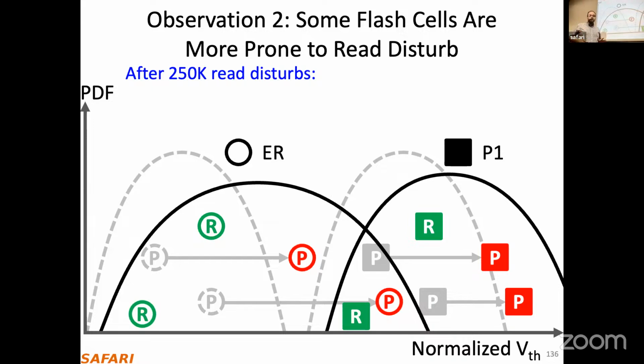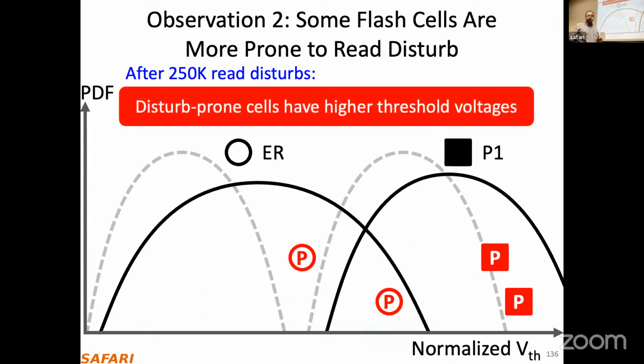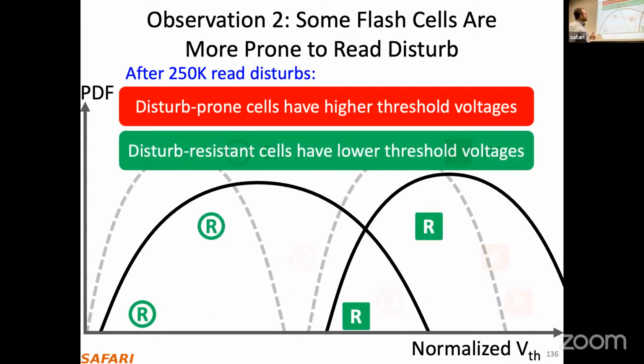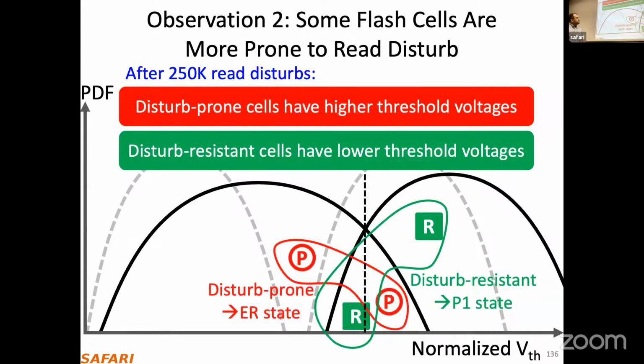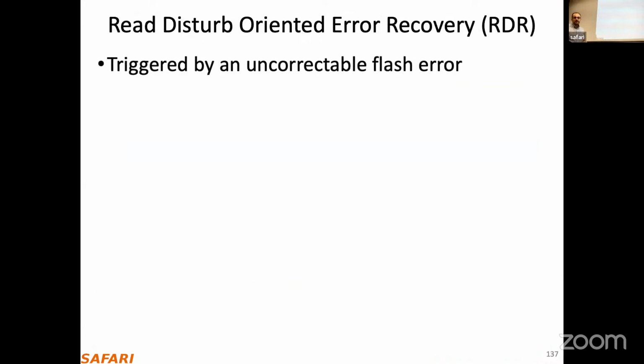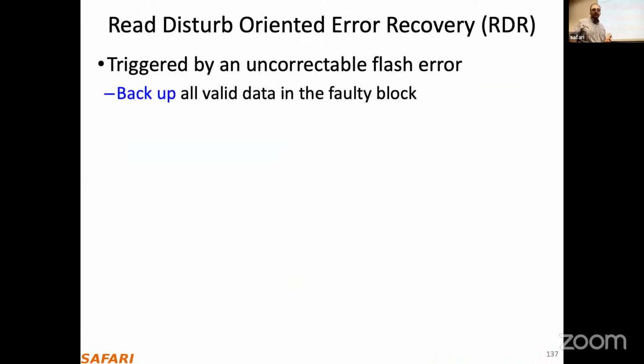But the thing is that when you know it, you can actually try to fix it. So disturb-prone cells have higher threshold voltages, and disturb-resistant cells have lower threshold voltages. But as I said, this one will have a problem because you will read it wrongly. So the key idea is using this. The technique is triggered by an uncorrectable flash error, when your device basically fails.